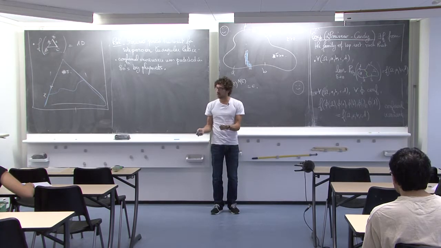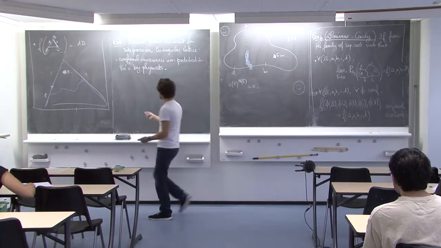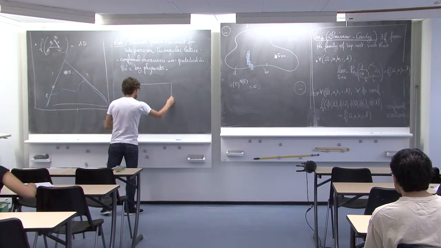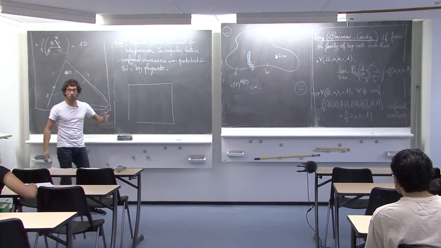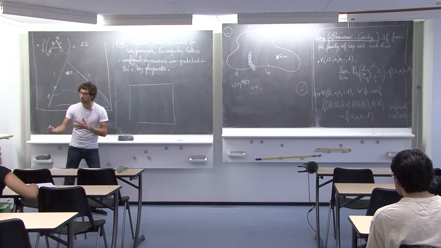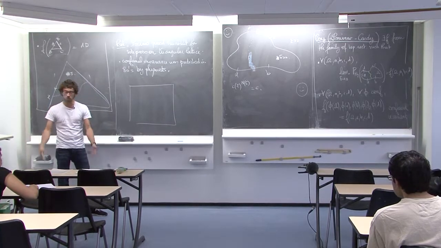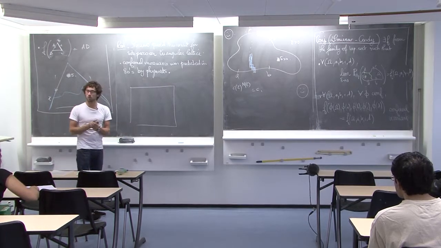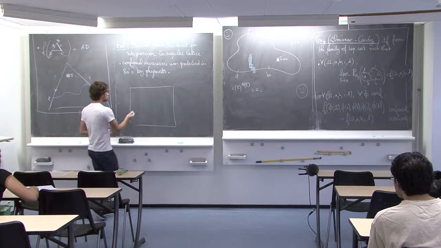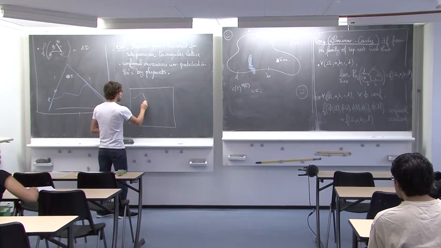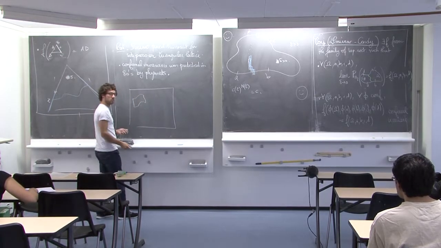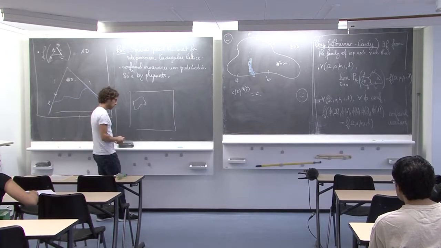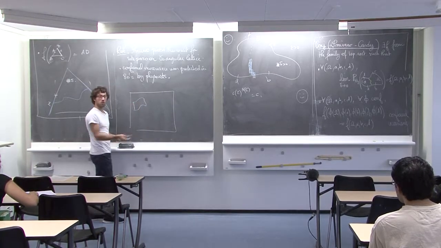Well, the first thing is to say, okay, I have my box like that. For instance, if I give you two configurations, can you tell me whether they are close to each other, far from each other, and so on? One way to measure how close they are from the point of view of connectivity properties would be to give myself, for any topological rectangle in my box, whether it is crossed or not.